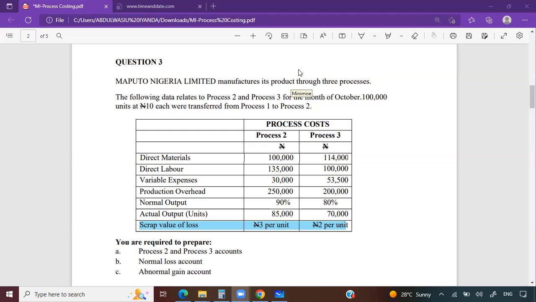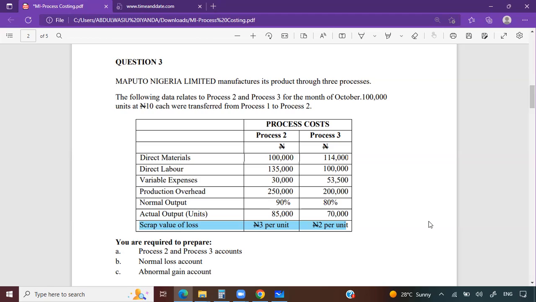What this question is saying is that they are giving us the net. Normal output should be 90% in process 1, 90% of your input. So if they are saying normal output is 90%, whatever the input is, we expect a normal output of 90%.